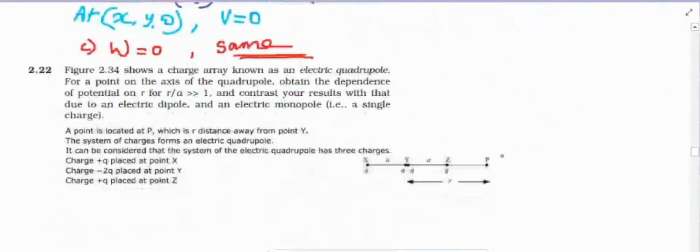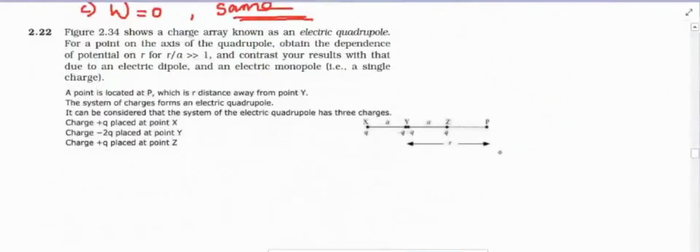Now, next, we can see the diagram. Electric quadrupole. Dipole means 2 charges, quadrupole means 4 charges. You can see plus Q, 2 minus Q's, again plus Q. At point P, at a distance R, we need to calculate the potential. So directly we can go with the formula.